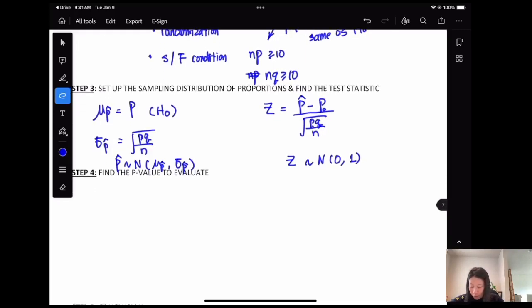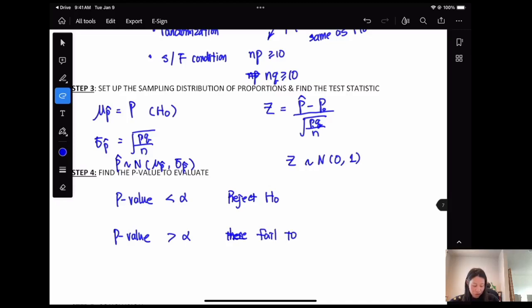And find the p-value. So if the p-value is small, that means less than alpha, we will reject the null hypothesis. And if the p-value is not small, that means it's greater than the significance level that we choose. That means there's not enough evidence.